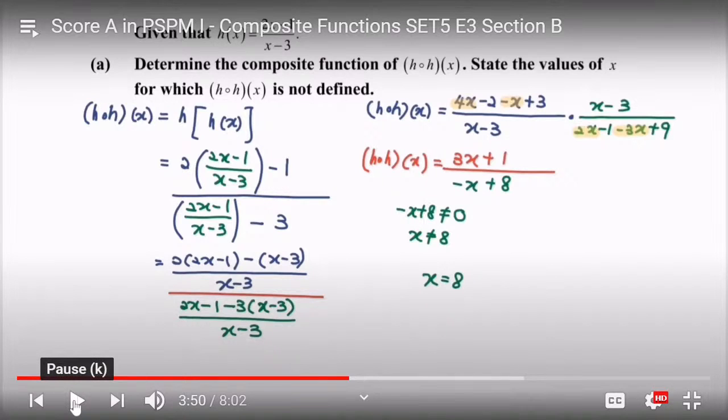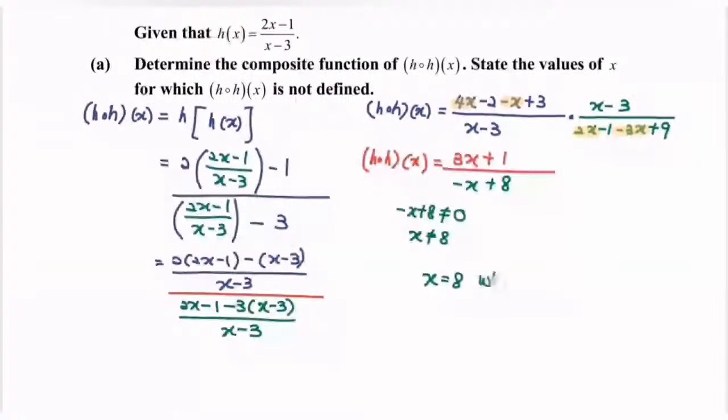Something divided by 0 is undefined. So x equals 8, which is the value of x that the situation h∘h is not defined.